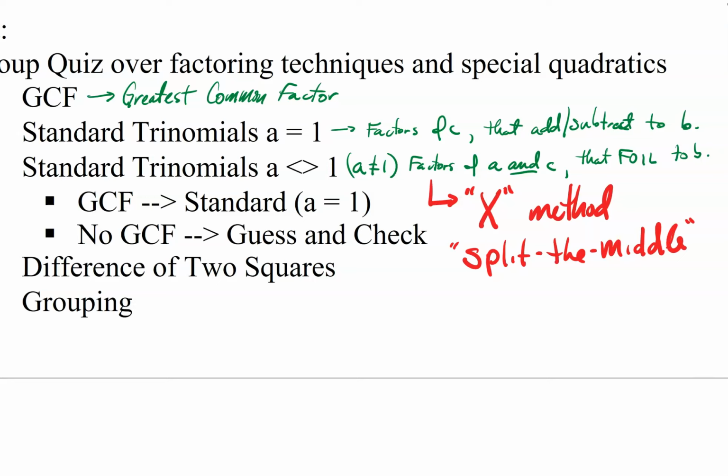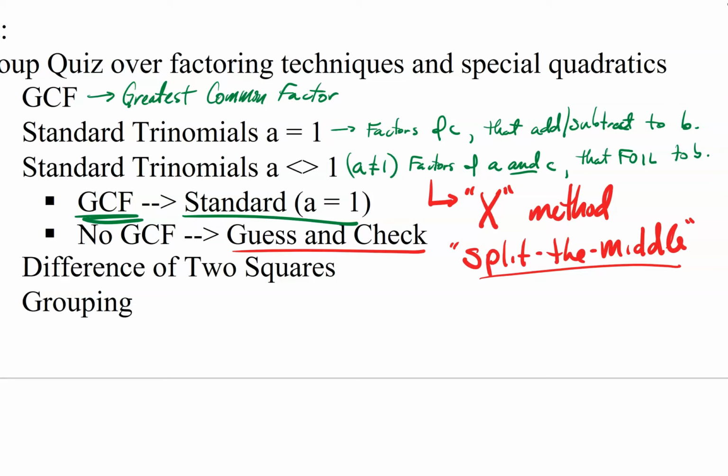In fact, I think on my channel I do have an older video on split the middle if you'd like to look at that and see some of those examples as well. Now, for standard trinomials that are not equal to 1, I prefer the guess and check method. That's what I just described here. But with any luck, there's a GCF that reduces our problem into a standard trinomial with a equal to 1, and we can proceed from there.